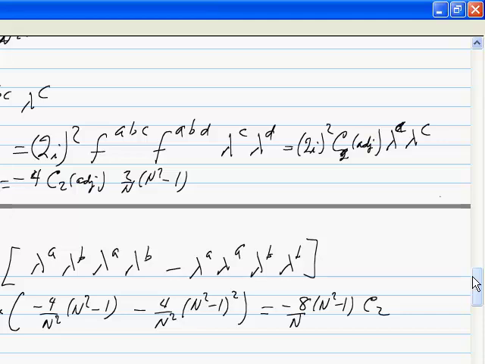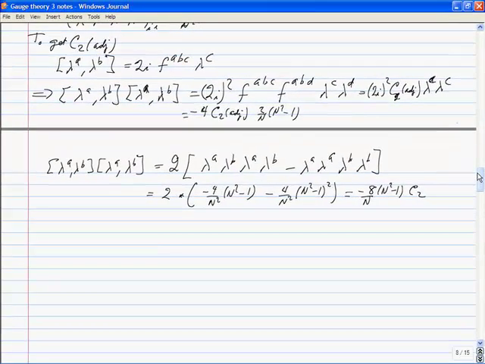It worked, so that cancels, and that whole side becomes minus 8 times plus the n squared minus 1 factor, and it works, so that it implies that C2 is equal to n.